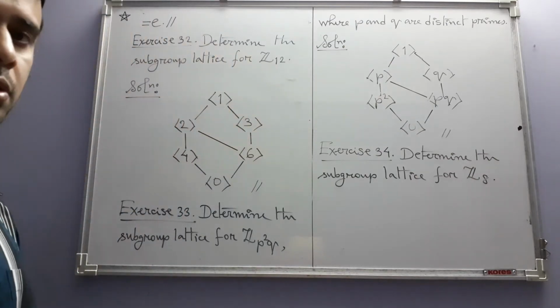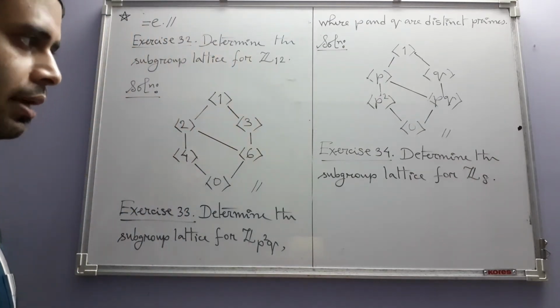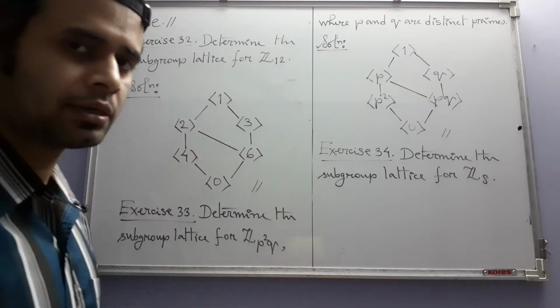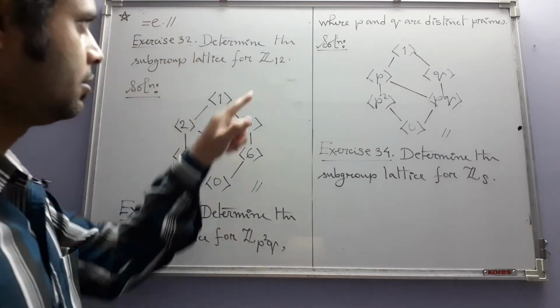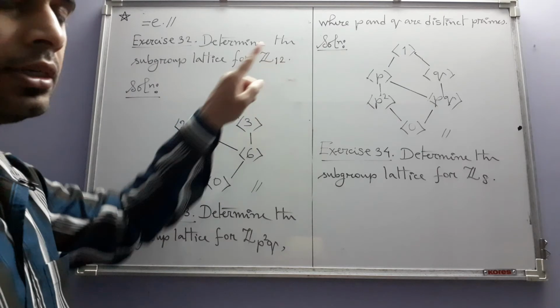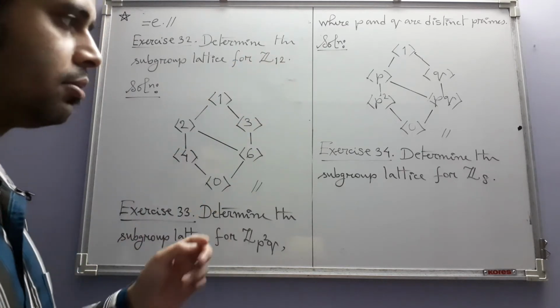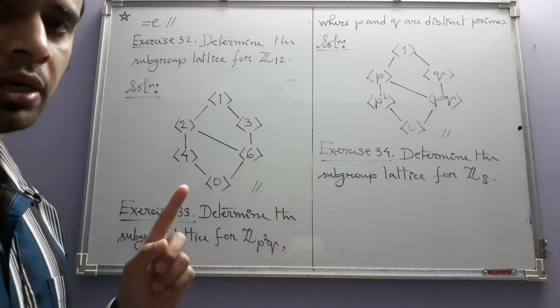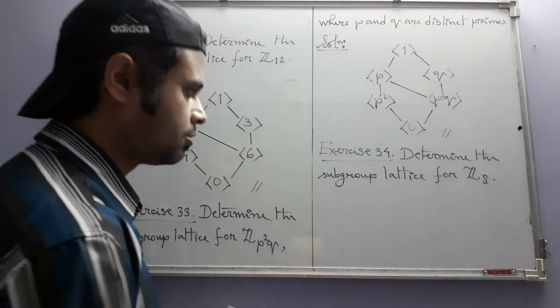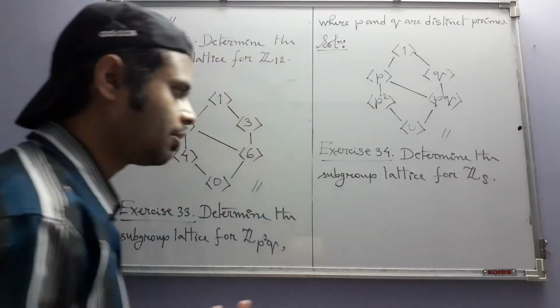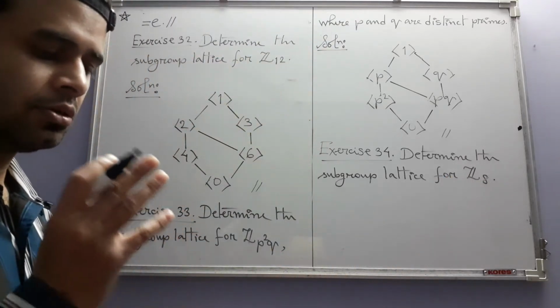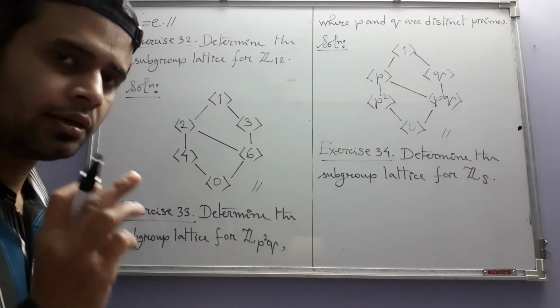The difference between 12 and 8, other than the fact that they are different numbers, is that 12 has two distinct prime factors, 2 and 3, whereas 8 has only one prime factor, 2. So its positive divisors are all powers of 2, that is 1, 2, 4 and 8.